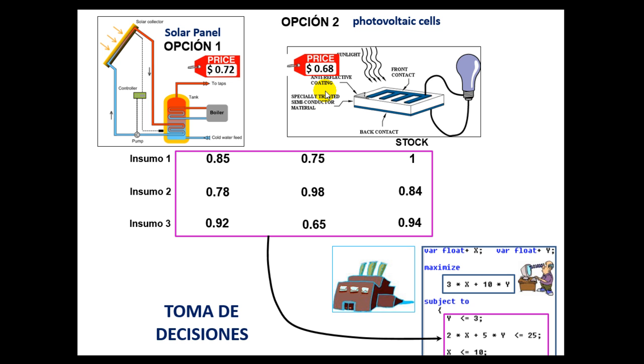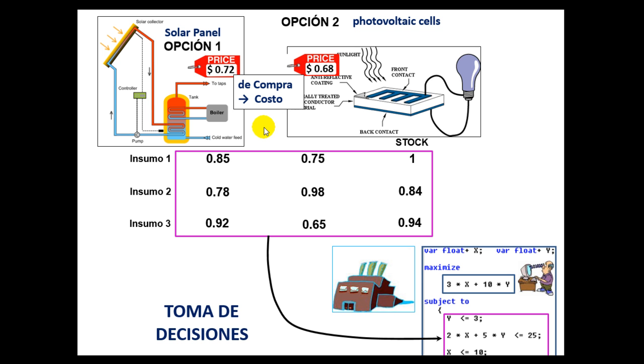So in this case, what you want to do is not to sell this product, but you want to buy this product, because in your farm you want to change the conventional electricity, conventional energy. You want to use now solar energy, and then you want to buy this is one option and this is the price, and this is another option and this is the price. So in this case, this represents the cost of the investment.